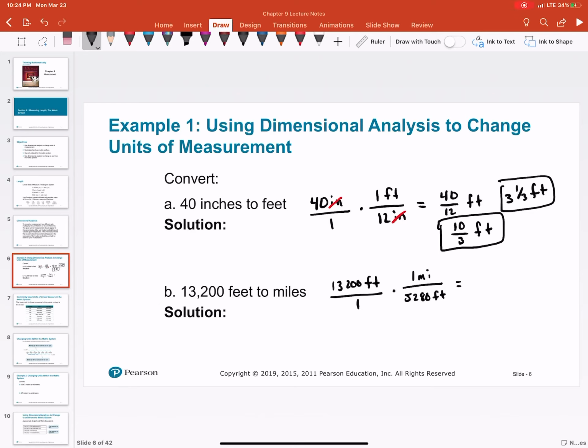So make sure you put this in the calculator. When we put it in the calculator, the first thing we notice is that my feet cancel out and I end up with 2.5 miles.